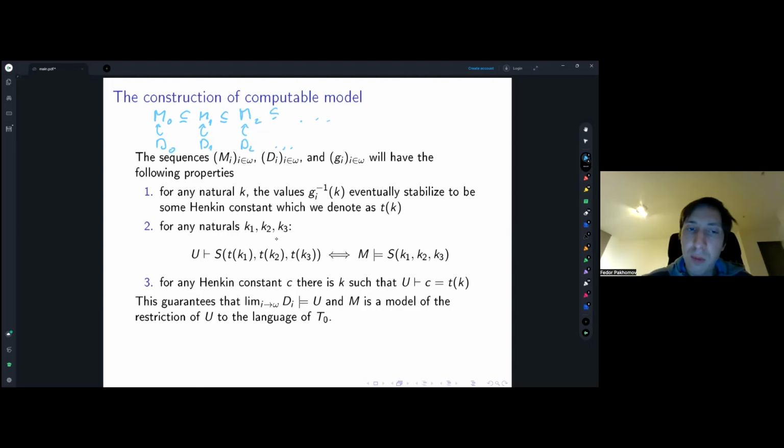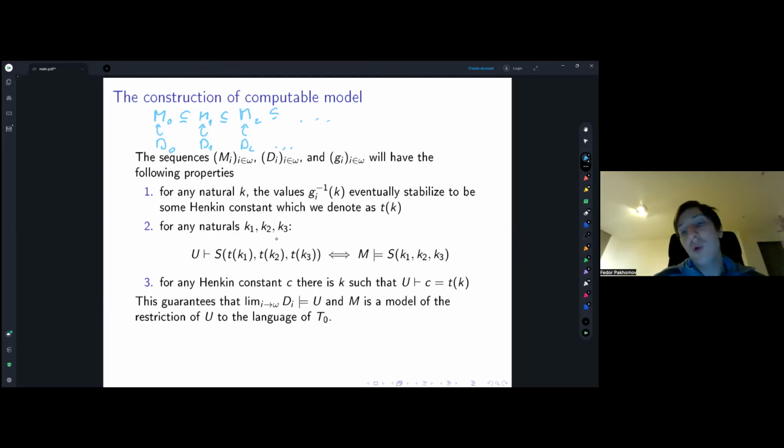And what we want with this limit behavior is that M is correct about the predicate S, right? So that we have M satisfies S of K1, K2, K3 if and only if you prove S of T of K1, T of K2, and T of K3.